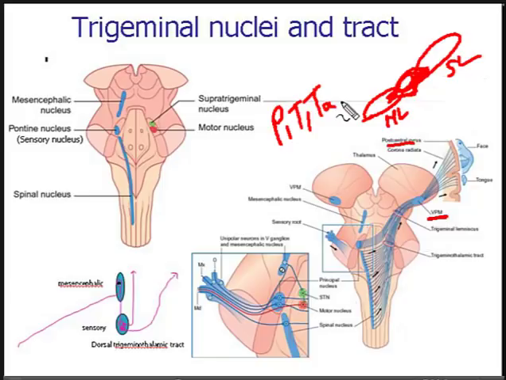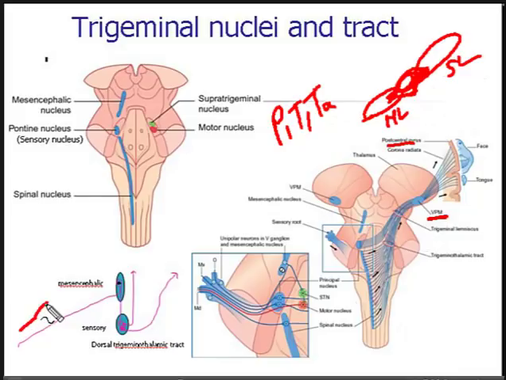Now what about proprioception? This proprioception is mainly, as I said, concerned with the reflexes, but there is also information going from the muscles. This information goes to the mesencephalic nucleus. Here there's a little bit of a difference.